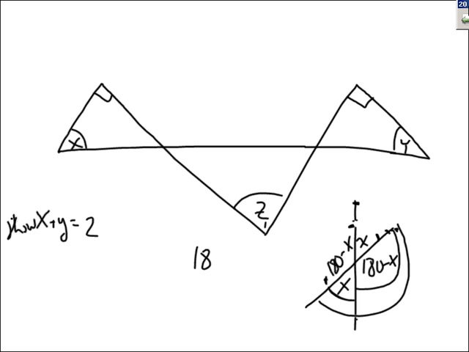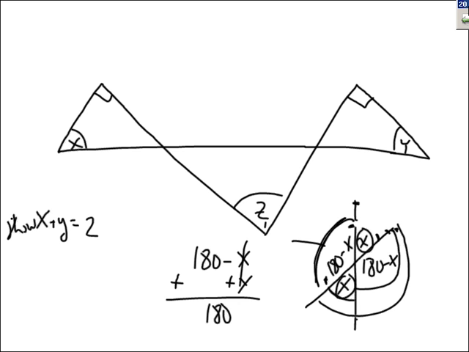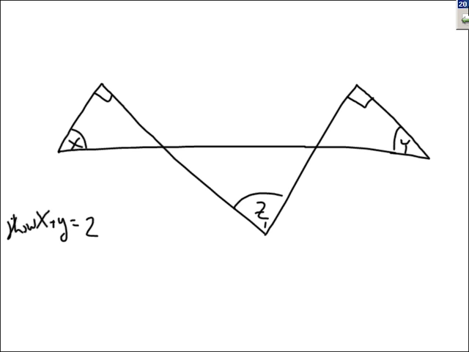Because if you have 180 minus x, and you want to add something to get to 180, you better add x. Okay. What we just showed was opposite angles are equal. This is x and this is x, the opposite. This is 180 minus x. This is also 180 minus x. Opposite angles are equal. It's not because your teacher told you that. It never is that, folks. It's because you can prove it.